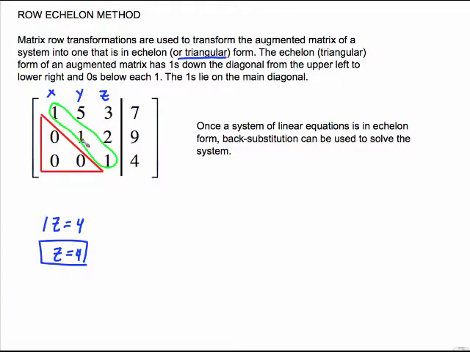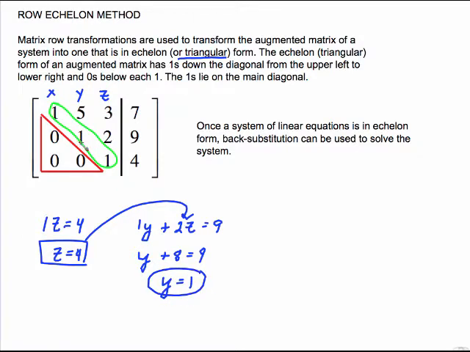This second row, we have a y and we have a z. So this is 1y plus 2z equals 9. We can use this fact that z is 4, plug that in here to find y. So y plus 2 times 4, that's 8. Subtract 8 from both sides, and y is 1. Go to your top row.